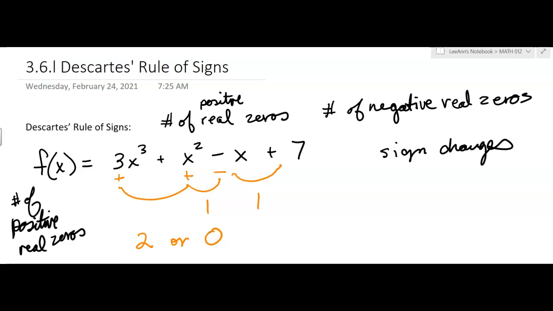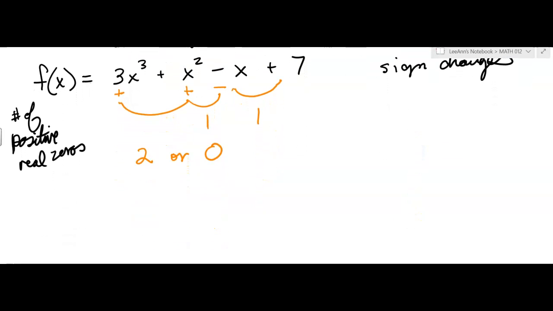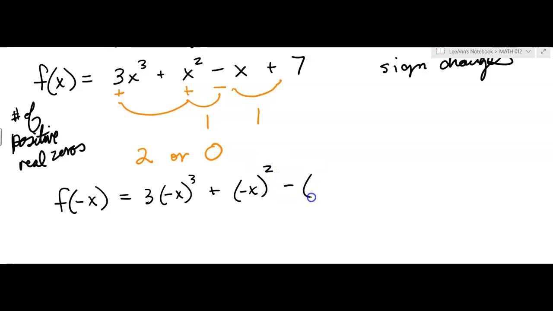Now we're going to look at the number of negative real zeros. So I'm going to use my example. And what you do is you take the function, and you're going to find it at f of negative x. So in my example, I would have 3 times negative x cubed plus negative x squared minus negative x plus 7.